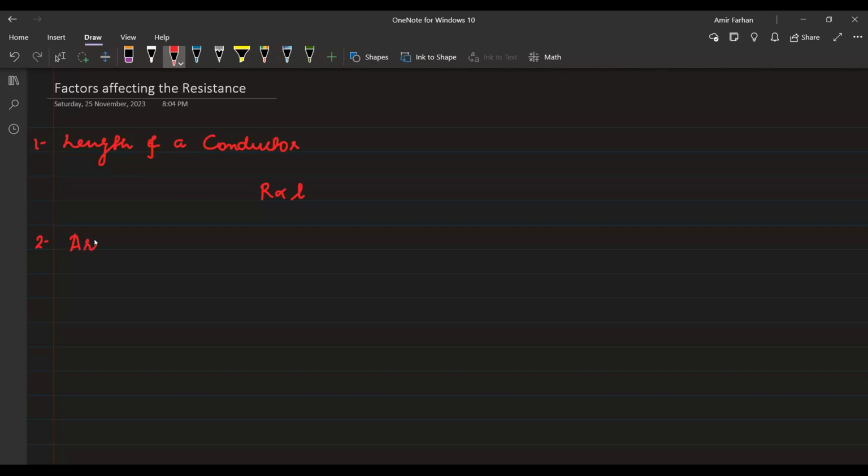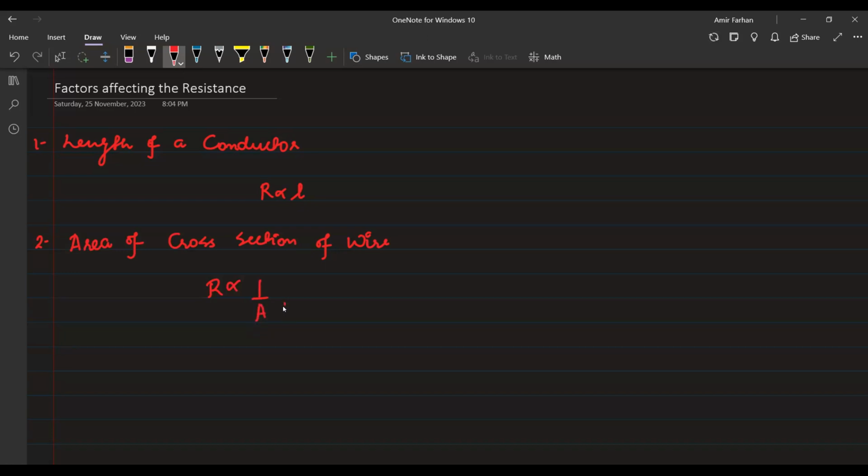Next is area of cross section of wire. Area of cross section of wire. So what is area of cross section of wire? Just the area of the circular part, and the resistance is inversely proportional to that area.